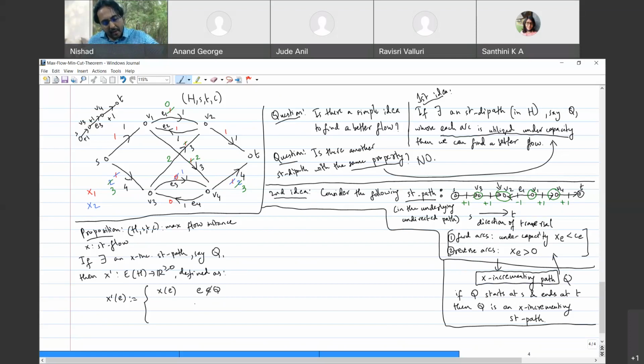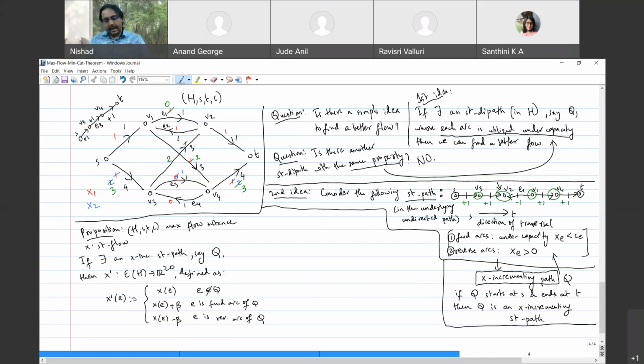If it is a forward arc in the path, so e is a forward arc of the path Q, then I'm going to increase it by a certain beta value. We need to compute beta. We need to figure out what beta is. And if it is a reverse arc, then I'm going to decrease it by the same quantity in order to maintain the conservation constraints. Okay.